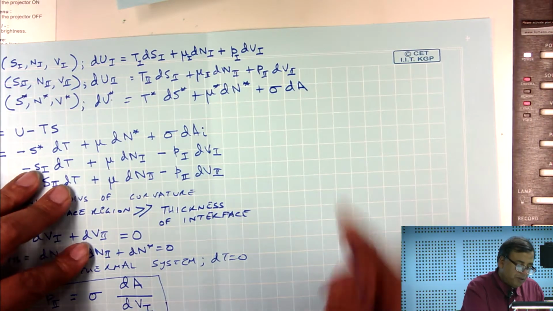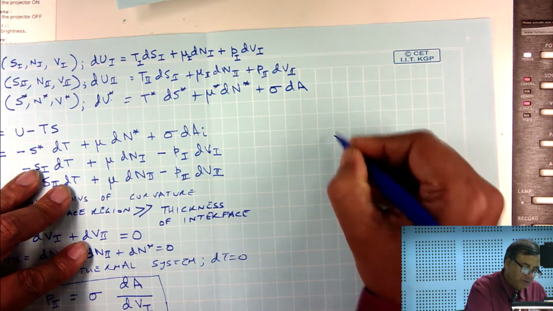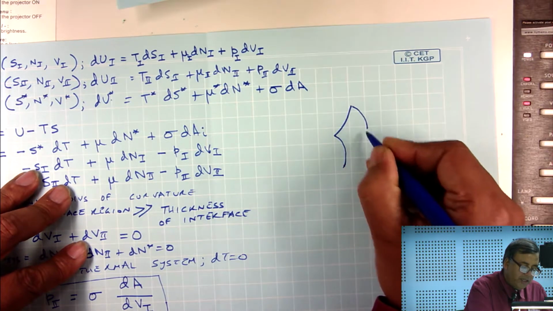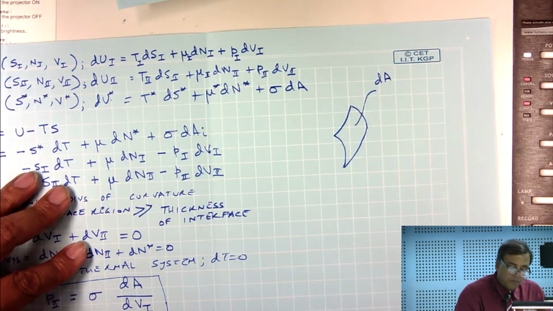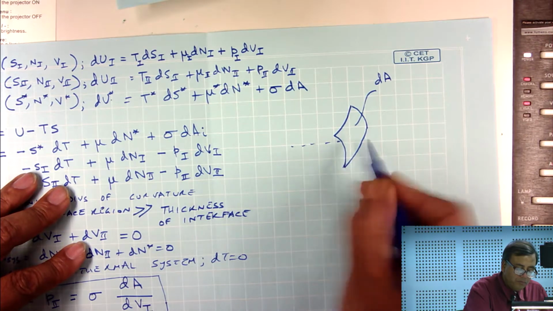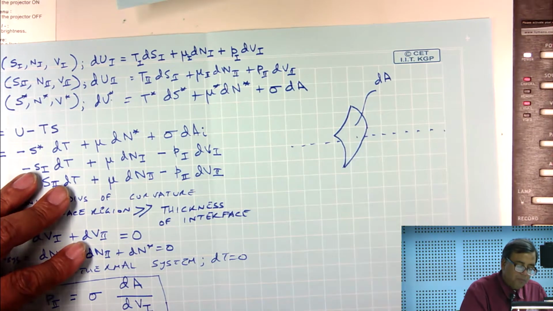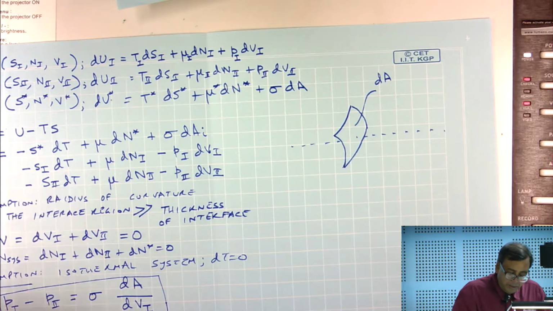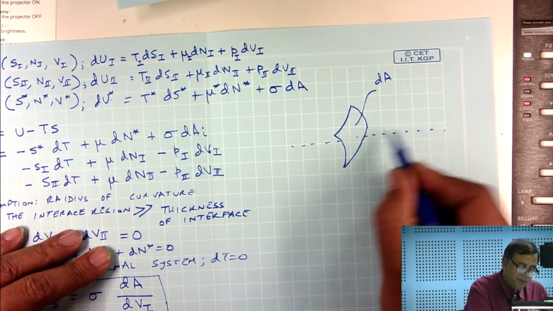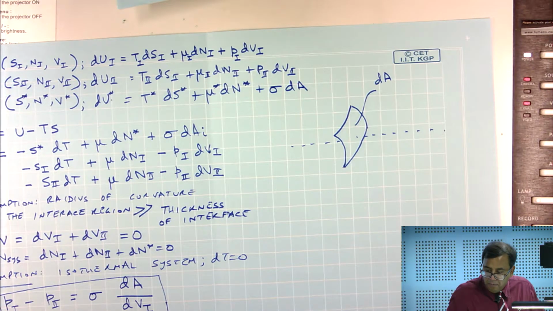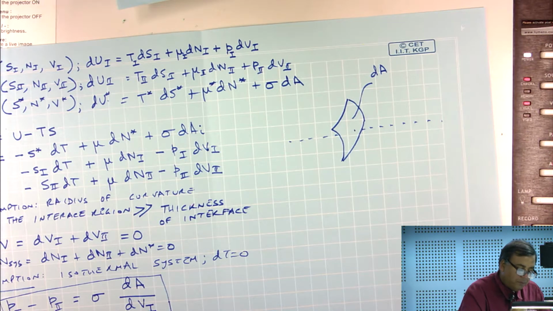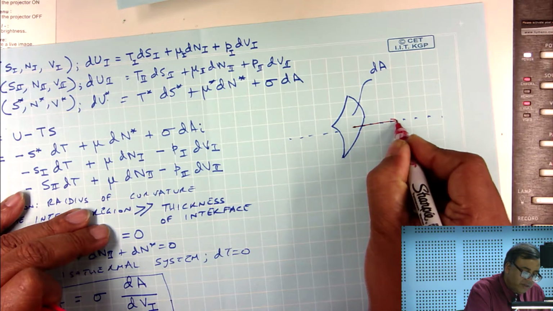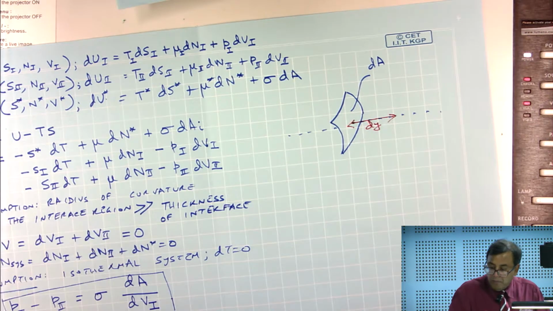Let us say my interface, I take a small area dA, and let us say because it is getting deformed, this interface has moved by a distance dy, and now it is at a different location.